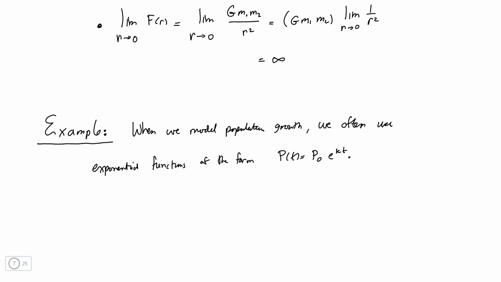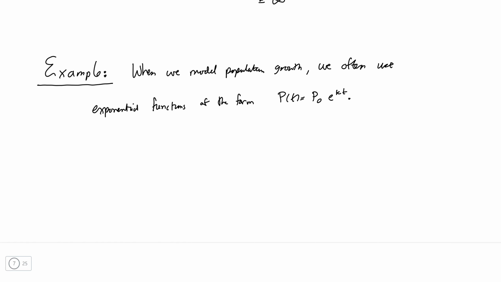But this isn't a very good model to use long term, because exponential growth, as we know, is very fast, and very quickly we're going to run out of resources and room for our population. So this doesn't work long term.